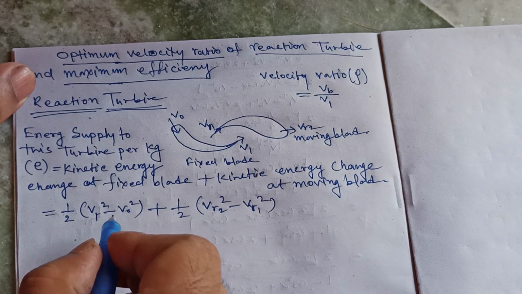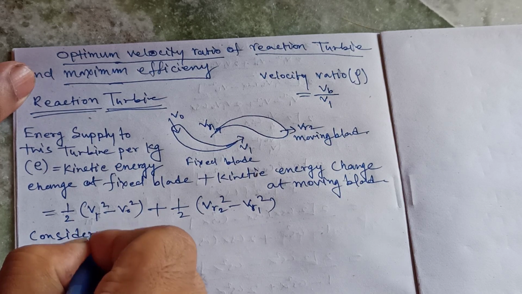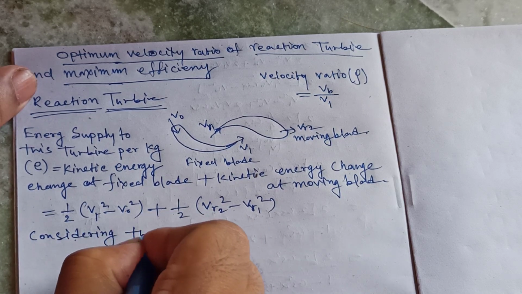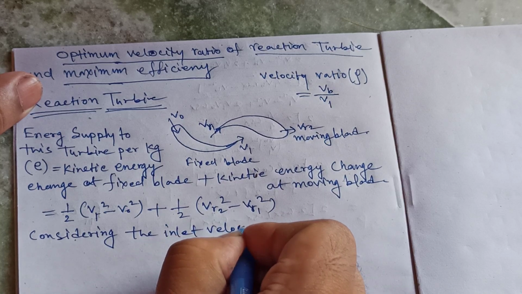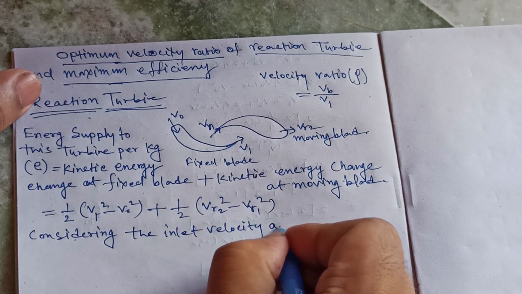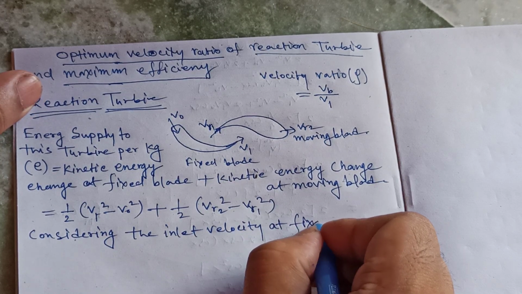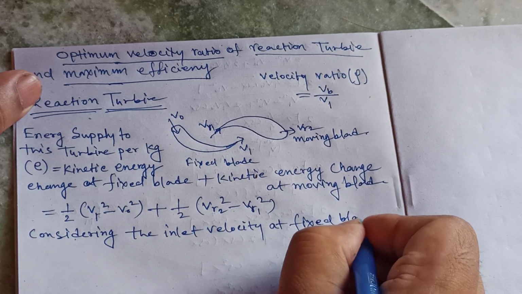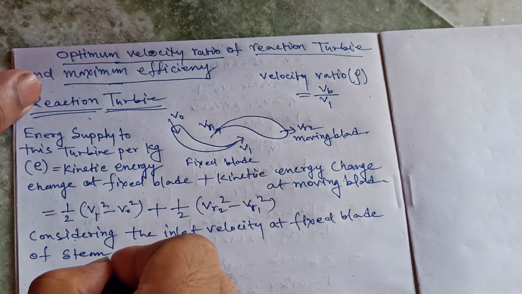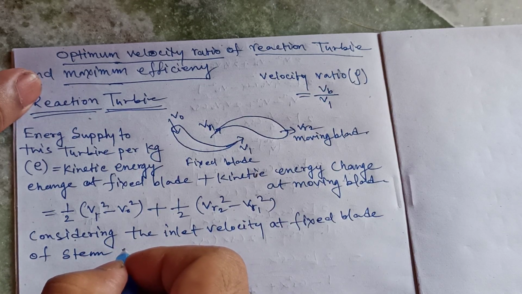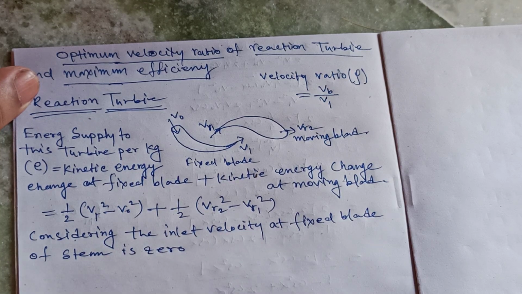Now we know the inlet velocity at fixed blade of steam is negligible, is 0.